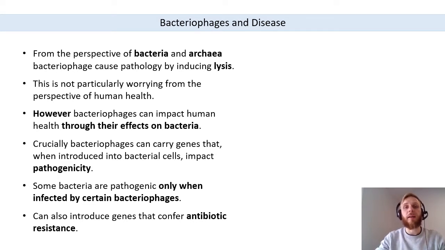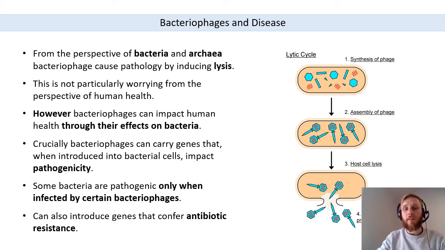So this idea that bacteriophages can essentially genetically modify bacteria in such a way that they can contribute to their ability to cause disease is really important, and this is how we can tie bacteriophages to human disease, and this is the primary role that bacteriophages have in human disease.